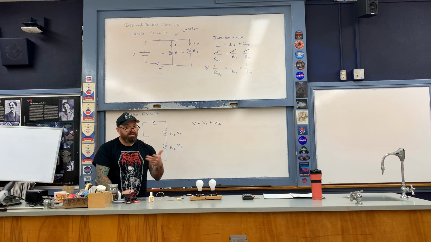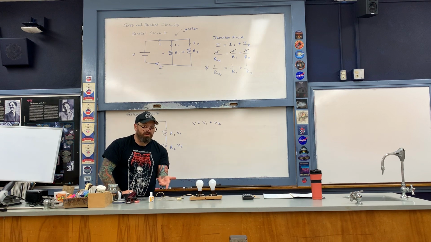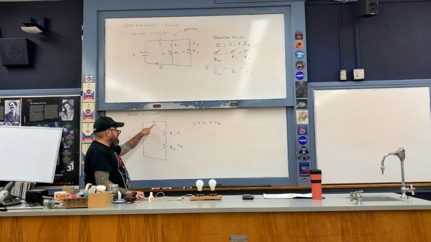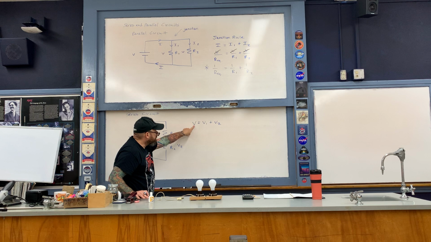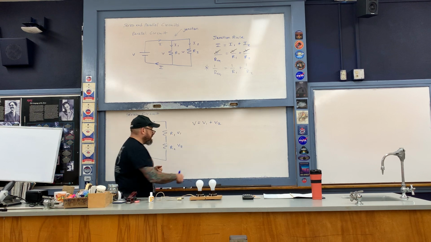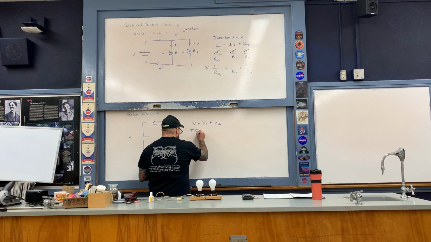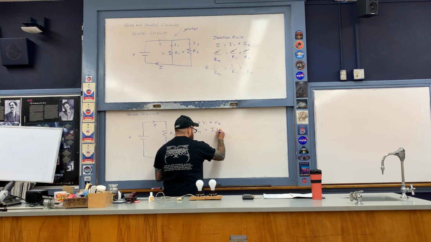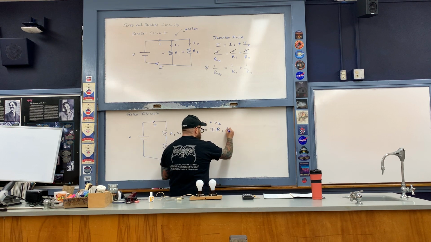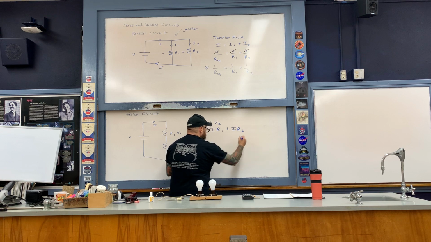And now I'm going to replace these guys here with Ohm's law. When I do, it's the same amount of current I that's flowing through the circuit. So this right here on the left-hand side of the expression is I times R equivalent. And then on the right-hand side, we have the same I times R1 plus the same I times R2.